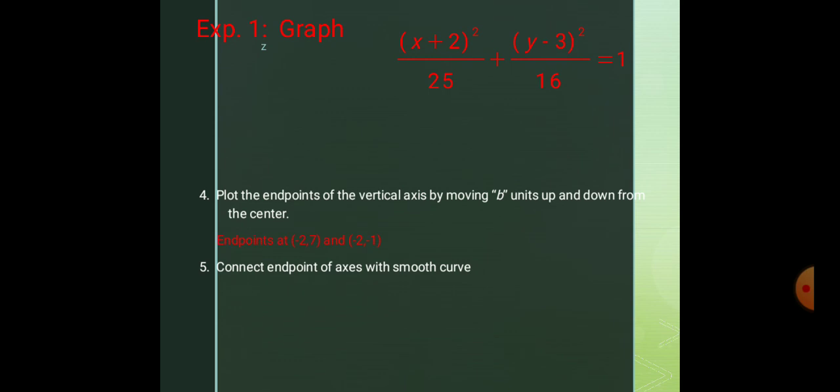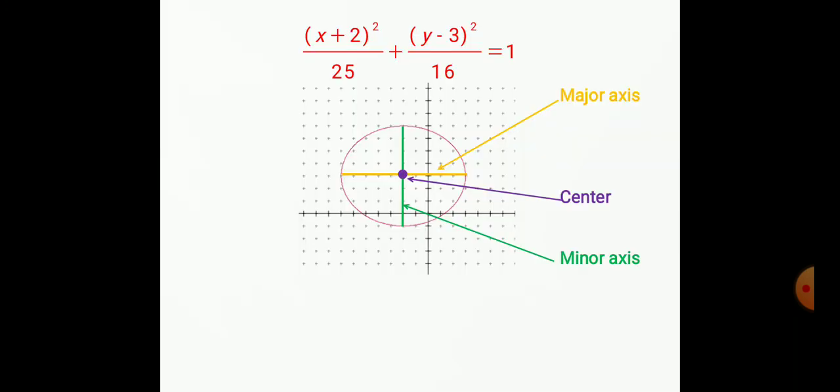The endpoints are at (-2, 7) and (-2, -1). Here's the graph. The major axis is the yellow, the center is the violet, and the minor axis is green.